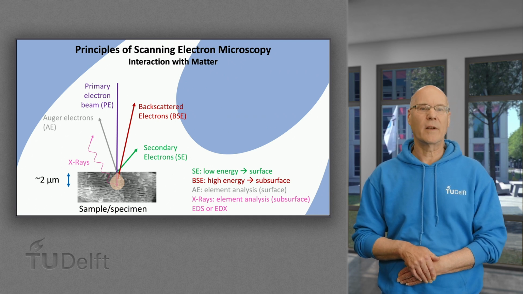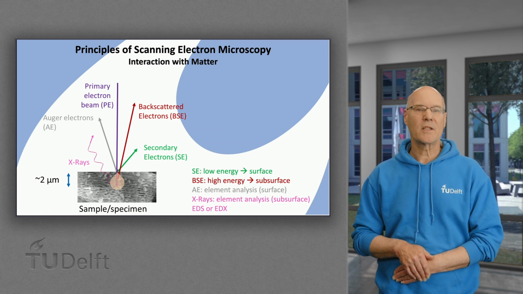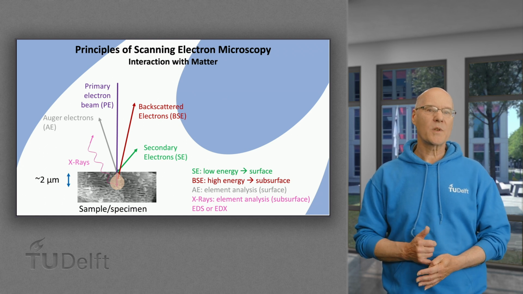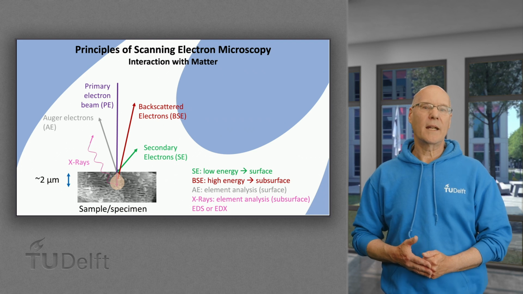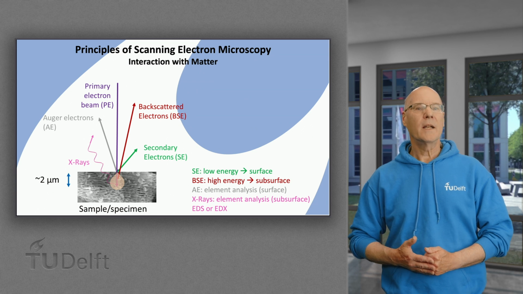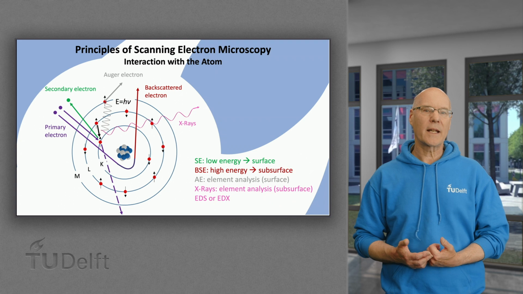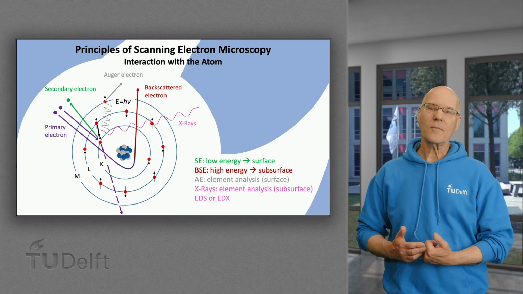Besides these secondary and backscattered electrons, Auger electrons and X-rays may be emitted, and this kind of radiation is element specific. To understand how this happens, we must look at the energy levels of that specific atom. The incoming electrons may have enough energy to promote an electron from a lower energy level to a higher energy level.